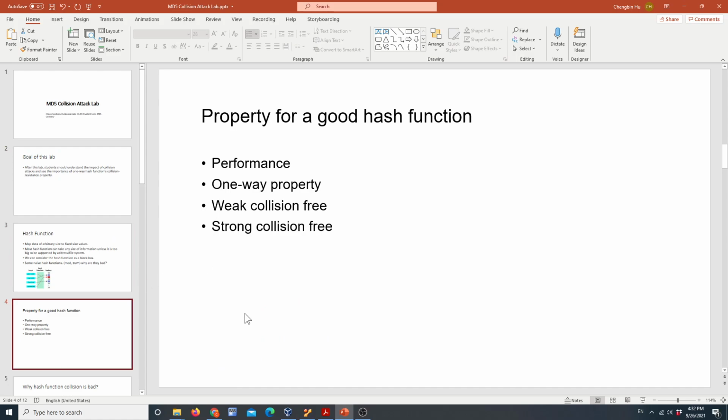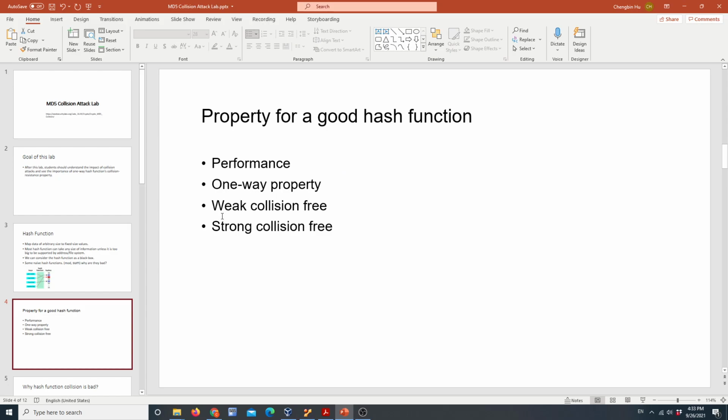So what are the properties of a good hash function? Here I list four, as you may know. The first is performance. It should compute the hash value very fast. And the second is the one-way property, which means you can convert a message to a hash value, but you cannot easily convert a hash value to the original message.